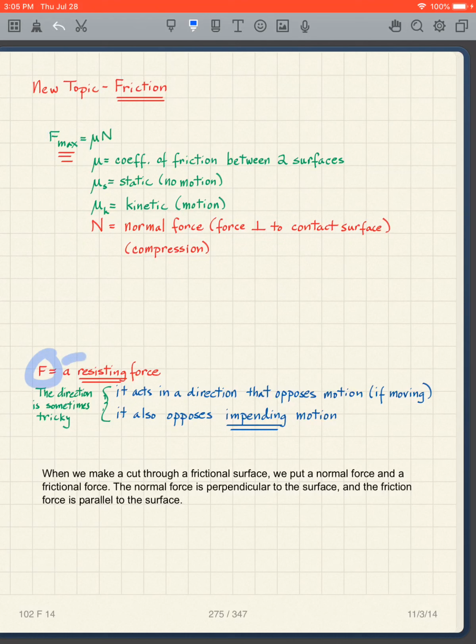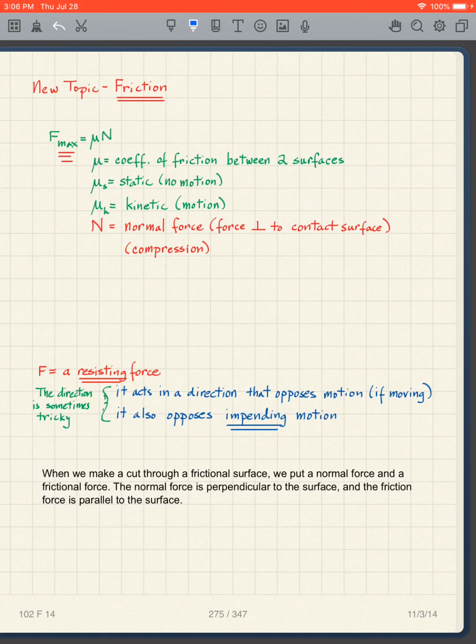This friction is a resisting force. In other words, it acts in a direction that opposes the motion, if it's moving. If it's not moving, it opposes the impending motion.